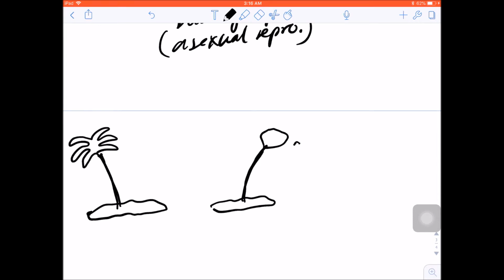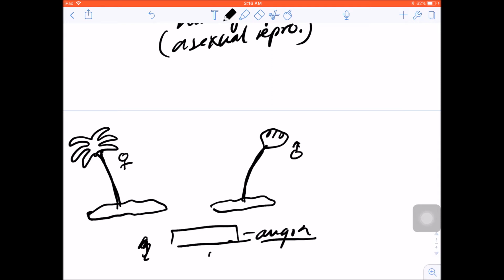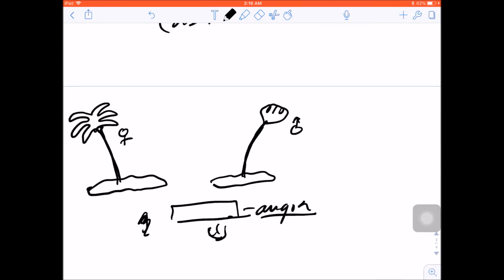So you have the male, female. And on these structures are the gametangia. Remember the angia designation. What comes in front of the angia is whatever is made and stored there.